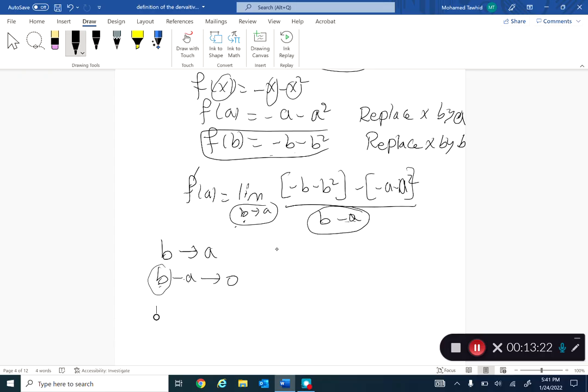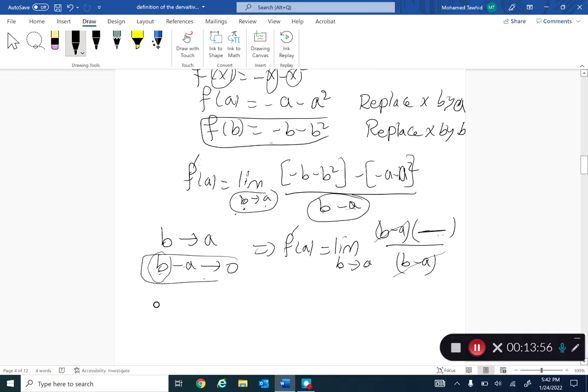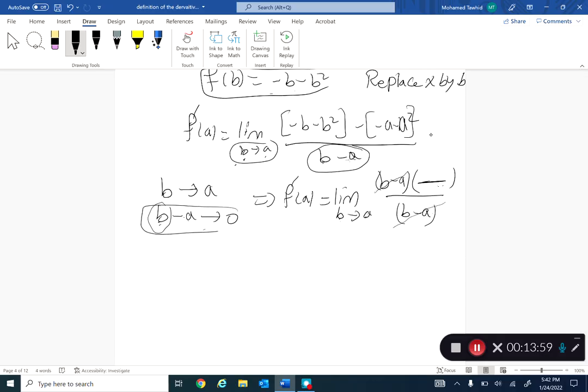No. So somehow I must get b minus a multiplied by something, so that I can cancel those together, and in the bracket something, and whatever is left, that is the one where I replace b by a. Why am I doing this? Because b close to a means b minus a is almost 0, and we cannot divide by 0. So how to simplify this one here?